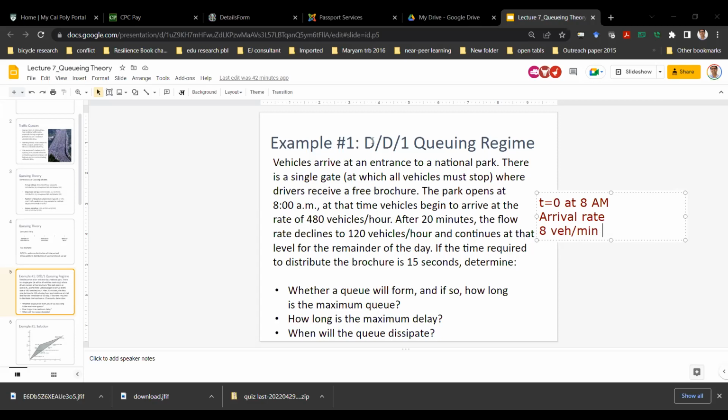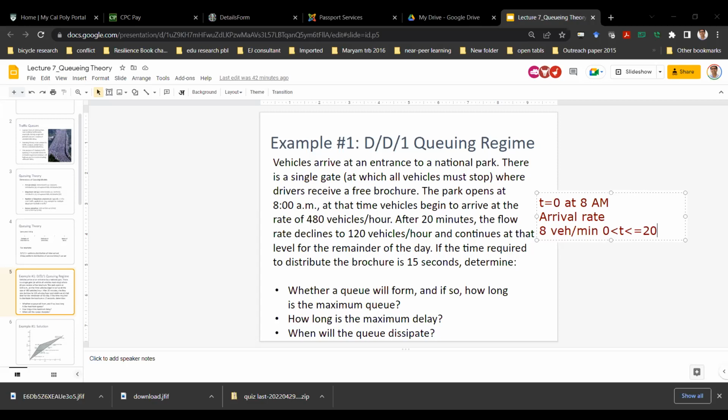And that rate is in force during what time interval, when my arrival rate remains 8 vehicles per minute? 0 to 20, right? So I can write it as 0 less than t less than 20.